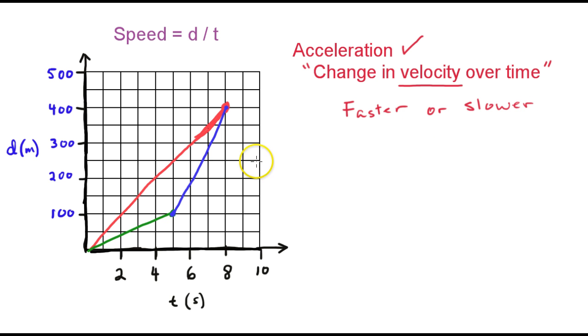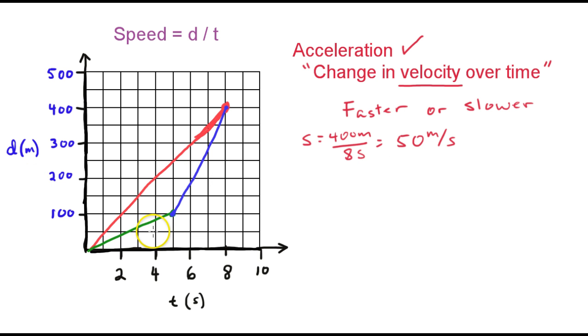Now if we look at our first example in the red here, it was at a constant rate, a straight line, and the speed was 400 meters over 8 seconds, which came out to 50 meters per second.